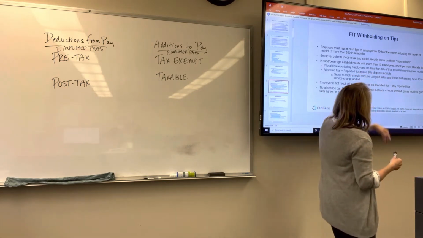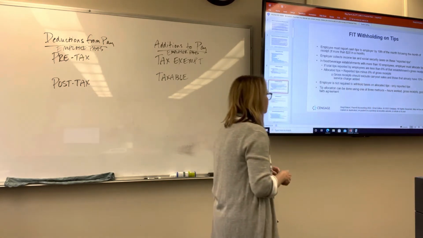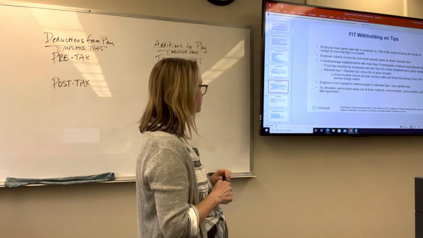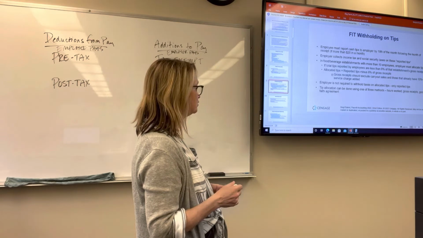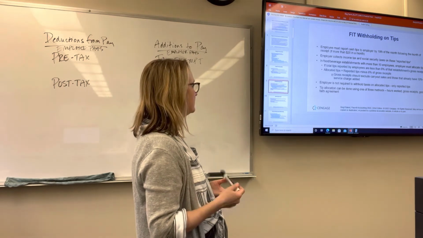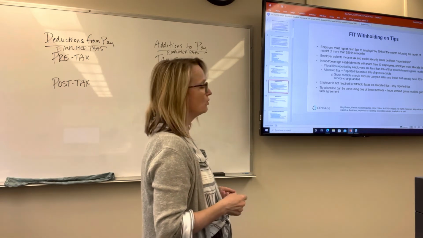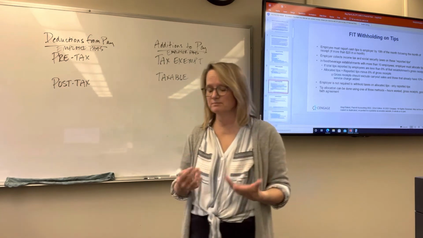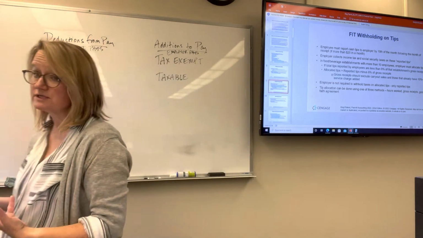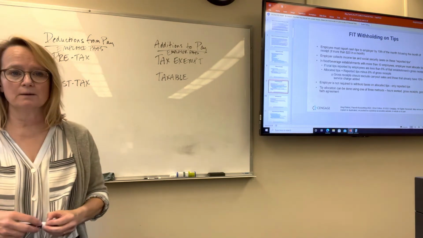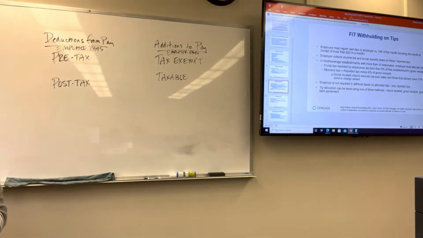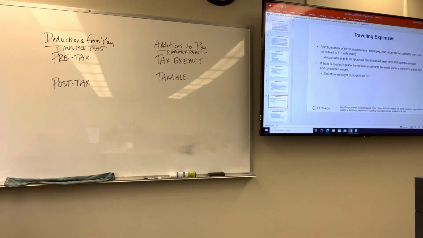Again, employers are not required to withhold taxes on those allocated tips, only on the reported tips. There are 3 different methods for doing the tip allocation. You can base it on hours worked, gross receipts, or some other type of agreement between the employer and the employee, as long as the employee understands what that agreement is, and probably best to get that in writing as well. But the tips are supposed to have withholding from them.